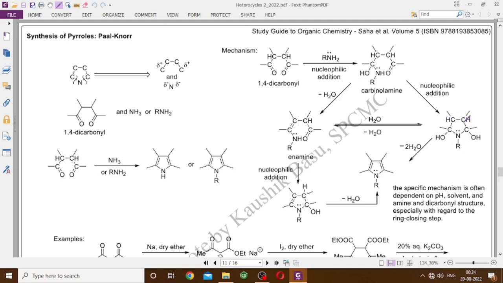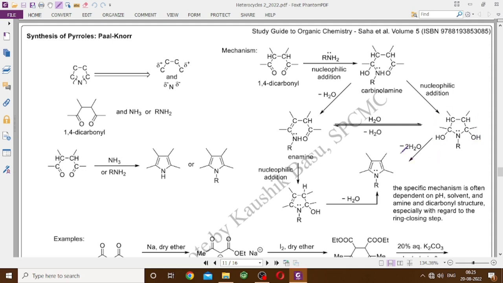That may very well happen, or the enamine type derivative that may choose to close down the ring now by the second nucleophilic addition, and then water is lost, and I will get the same pyrrole derivative that I got from this addition compound.